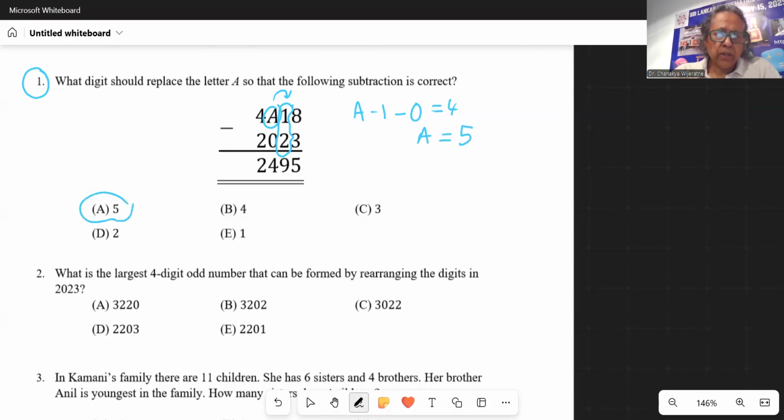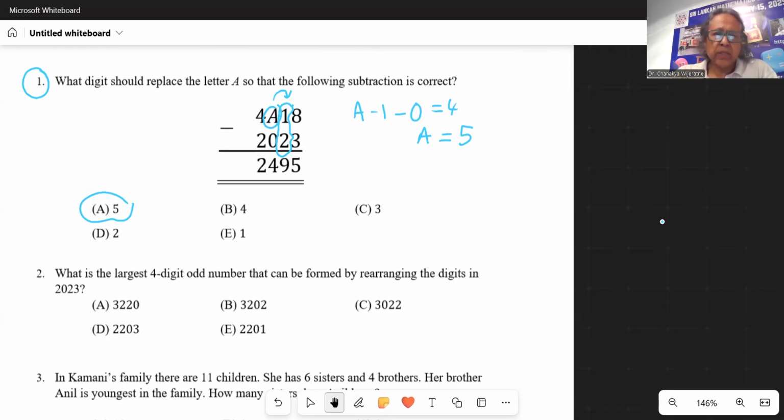So we went through the subtraction, and when we came to the tens column, we had to borrow 1 from the hundreds column. So then A becomes A minus 1, and A minus 1 should be equal to 4. That means A is equal to 5, right?